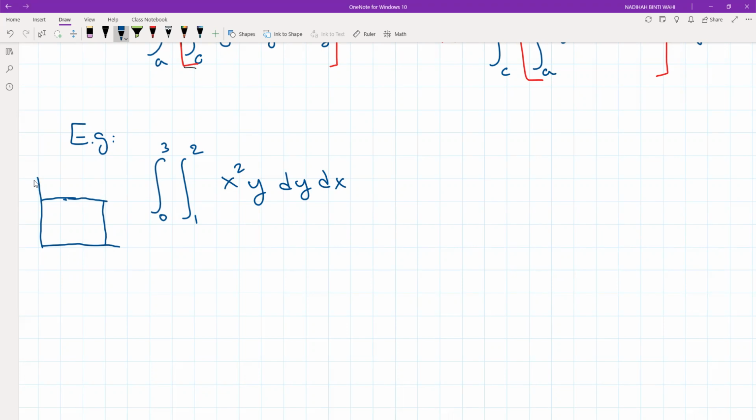So rasanya baik buat koordinat dulu. So this is 0 and this is 1, 2, 3, and this is 1, 2. Okay, so maksudnya x from 0 to 3, so daripada sini ke sini, and then in y direction daripada 1 ke 2. So dia semua ambil yang kat sini saja, dia macam strip kat sini.